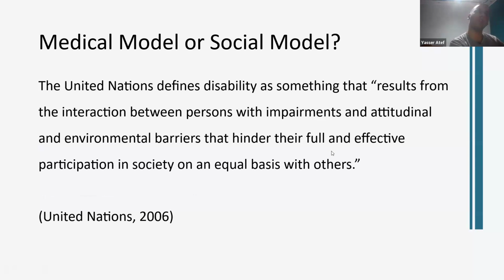This is better than the government of Quebec's, because it acknowledges society as well as the impairment, but it still says impairment and still mentions barriers. It still doesn't capture the full picture of disability.